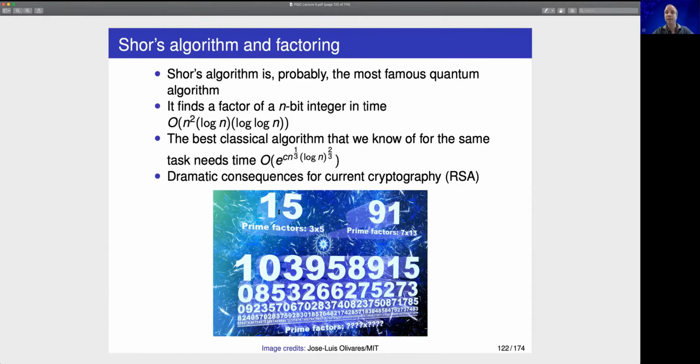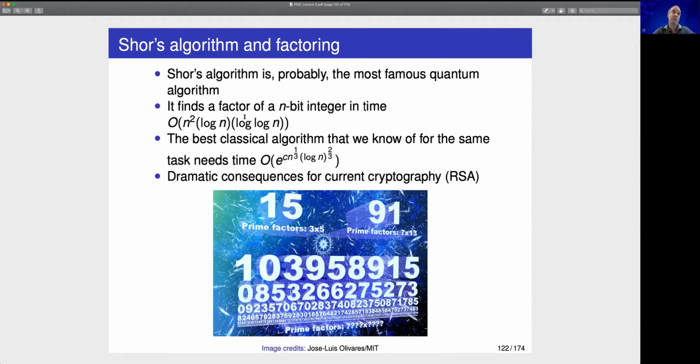Okay, so this is something that with a classical algorithm we do not know how to do efficiently, but with this algorithm proposed by Shor, we could do it if we had a big enough quantum computer in an efficient way.